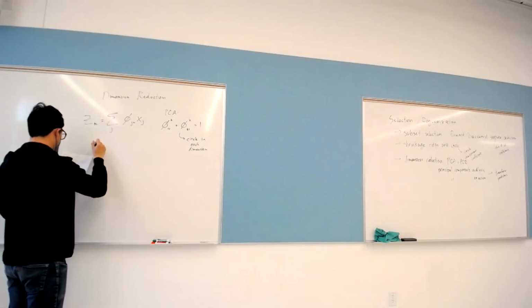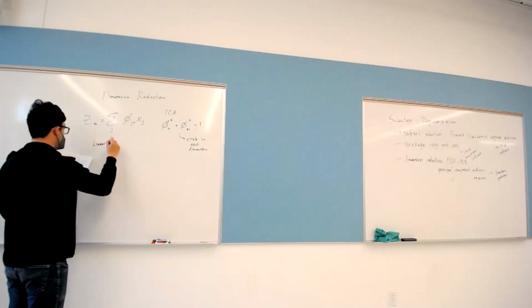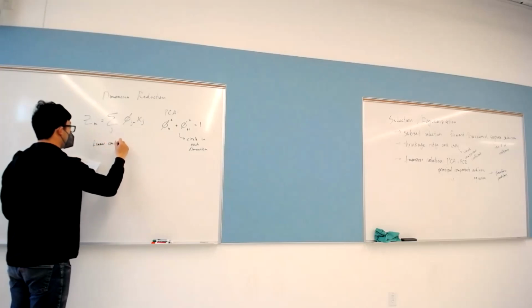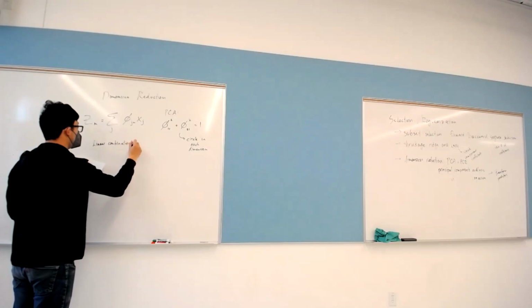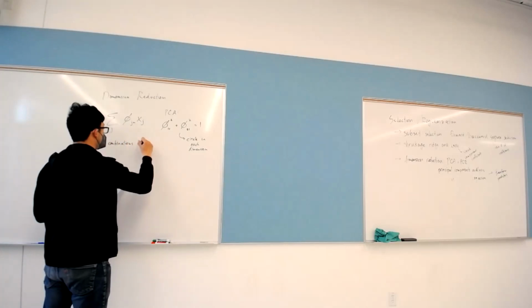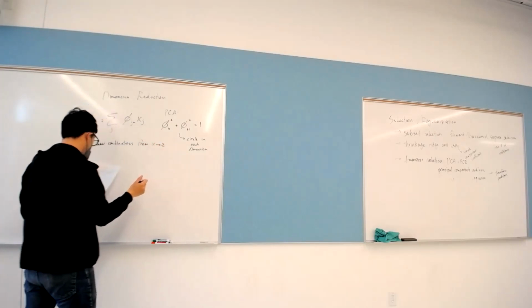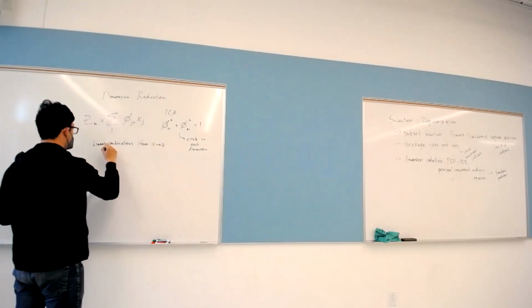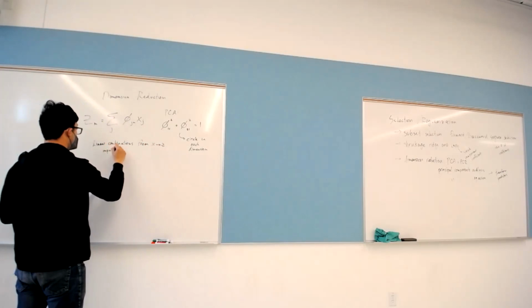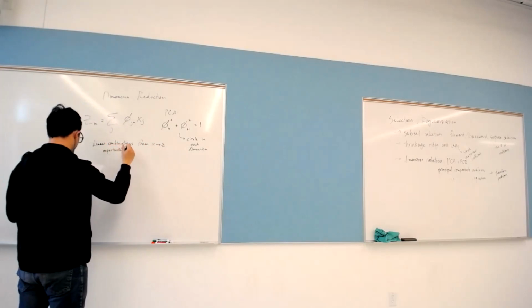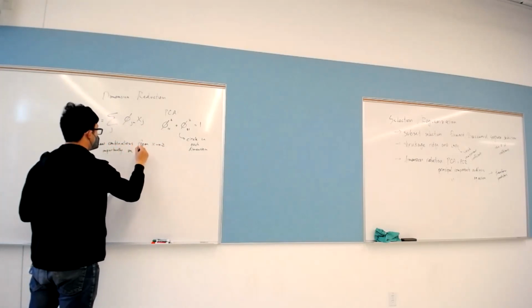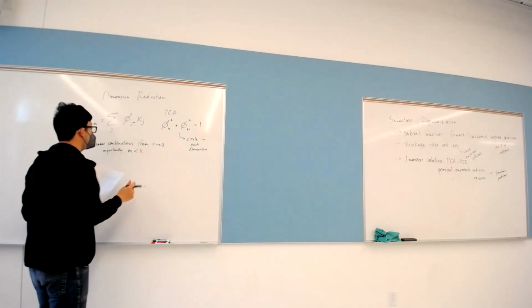So we have linear combinations from x to z. And importantly, m is less than k.